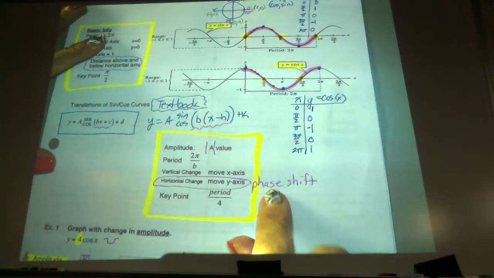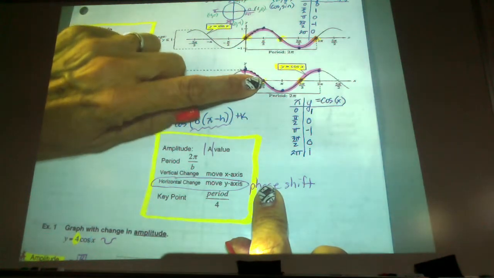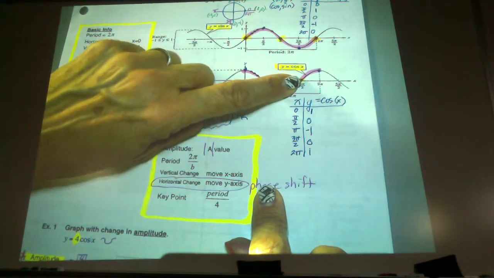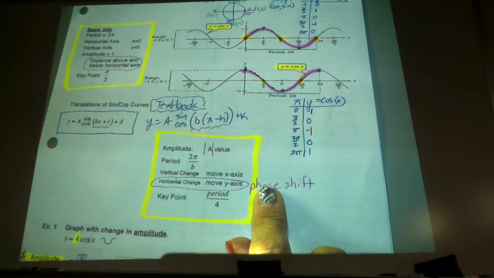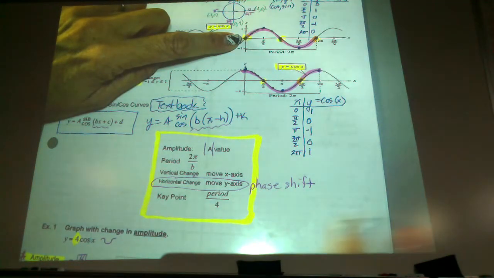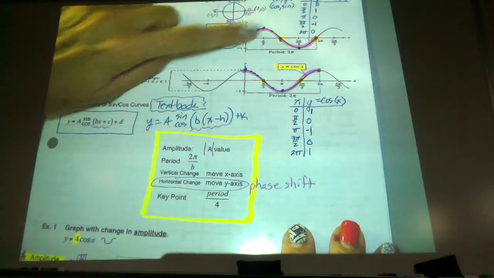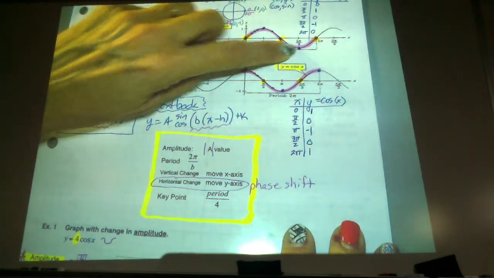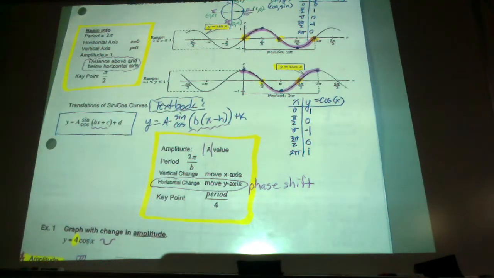And so notice that the pattern starts off for cosine, it goes up, 0, down, 0, up, 0, down, 0, up. It's always an up-down pattern with 0 in between. Same thing with sine, but it depends on where you start. With sine, you start at 0. So it's 0, up, 0, down, 0, up, 0, down. So it's still an up-down pattern. It's a matter of where you start.